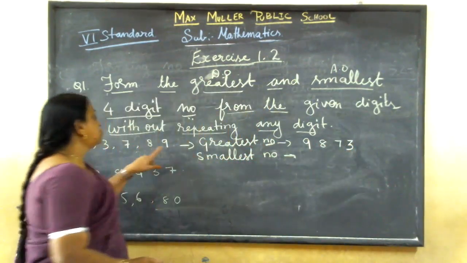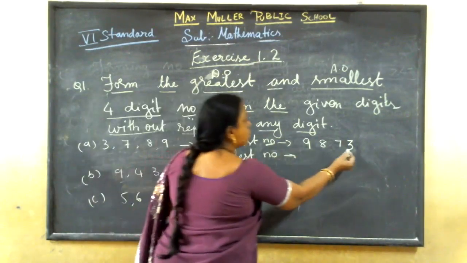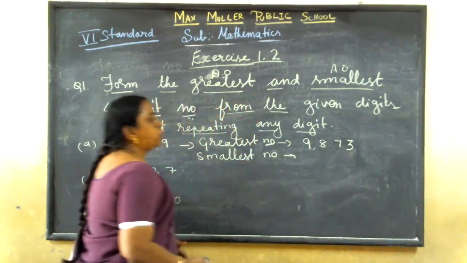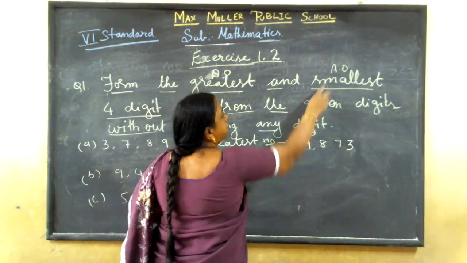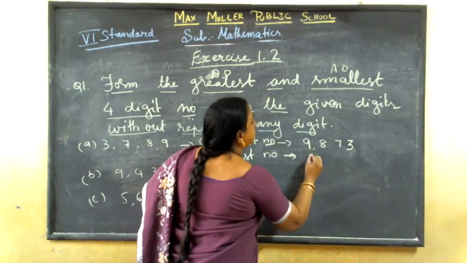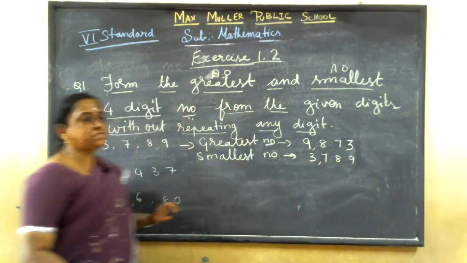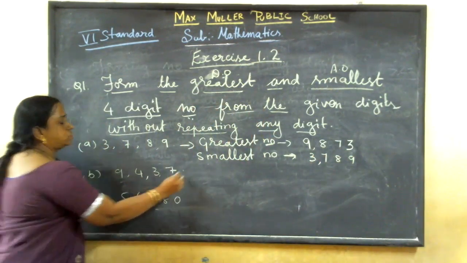After this, no need to place a comma after each digit. You should place the comma according to the places: ones, tens, hundreds. So 9,873. The smallest number you should arrange in ascending order, smallest to big: 3, 7, 8, 9. 3,789. Got it?